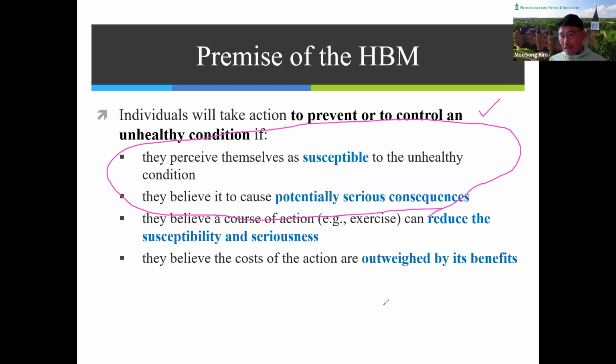Another part of the health belief model is that people believe a course of action, like taking medication or exercise, can reduce the susceptibility and severity. You probably take medication because you believe it can reduce the susceptibility and severity of that disease. Also, they believe the costs of actions are outweighed by the benefits. If there are more side effects for this behavior, you probably are not going to take action, right?